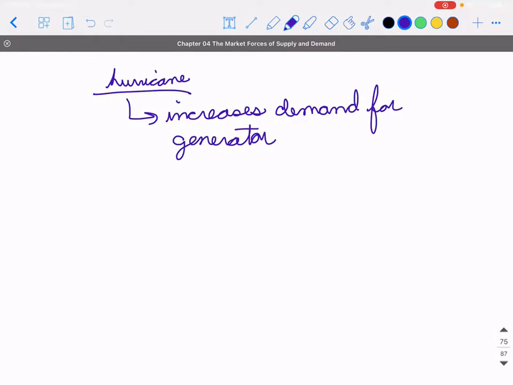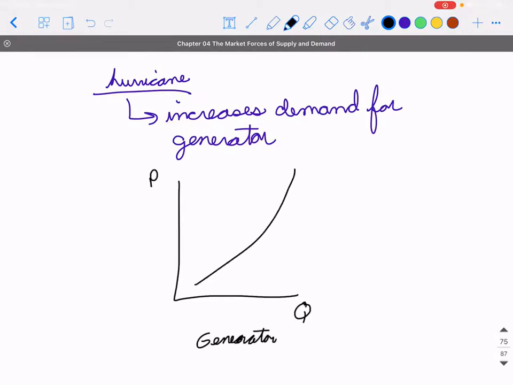So all of a sudden I'm going to want to buy a generator to power my air conditioner, which means, from a graphical perspective, assuming nothing else is happening in the market, the supply curve will not be affected. Let's just say all the generators are brought to the islands long before the hurricane comes. And then here was my demand curve.